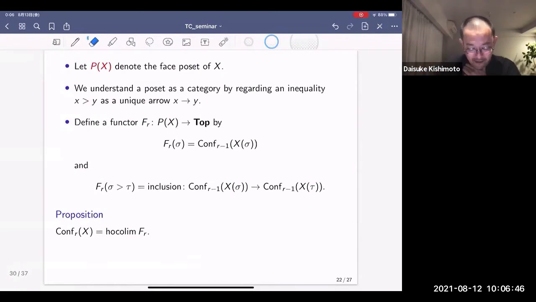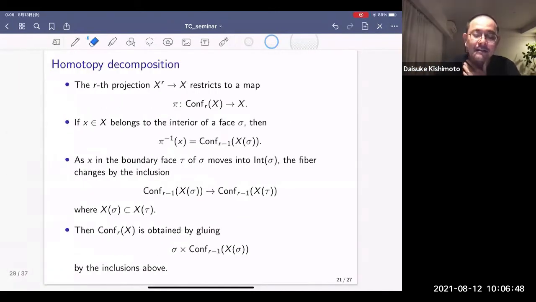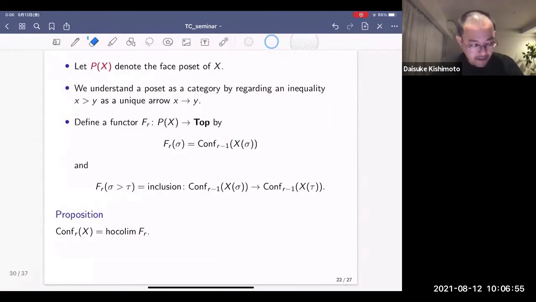Okay, this actually means that Conf_R(X) is a homotopy colimit of some functor. Okay, let's define a functor. Let P(X) denote the face poset of X. We understand the poset as a category in the usual way.